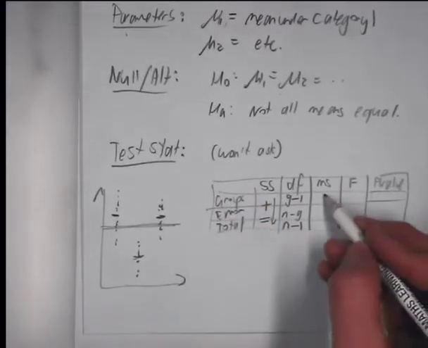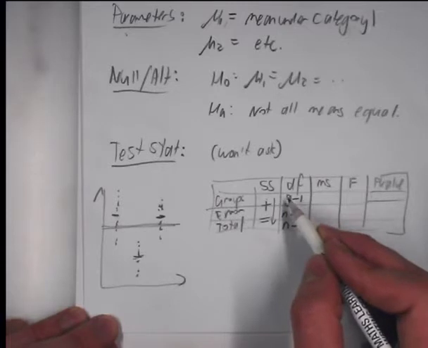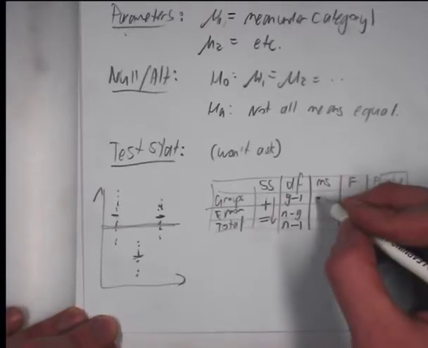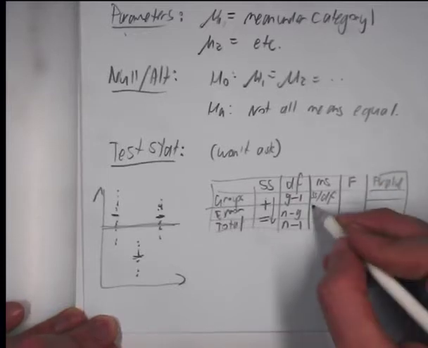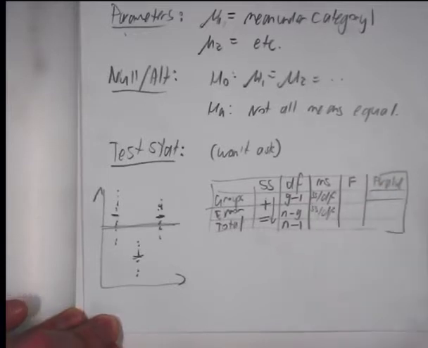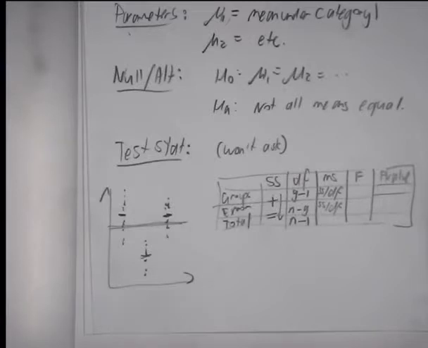And to get the MS, it will be this divided by this. So you'll divide this way. So you'll get SS divided by degrees of freedom. Okay? And then the F is this divided by this, I think. Yes.